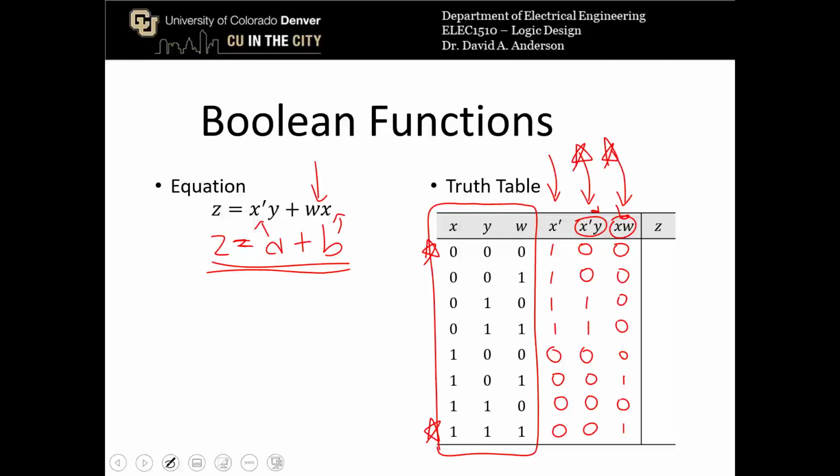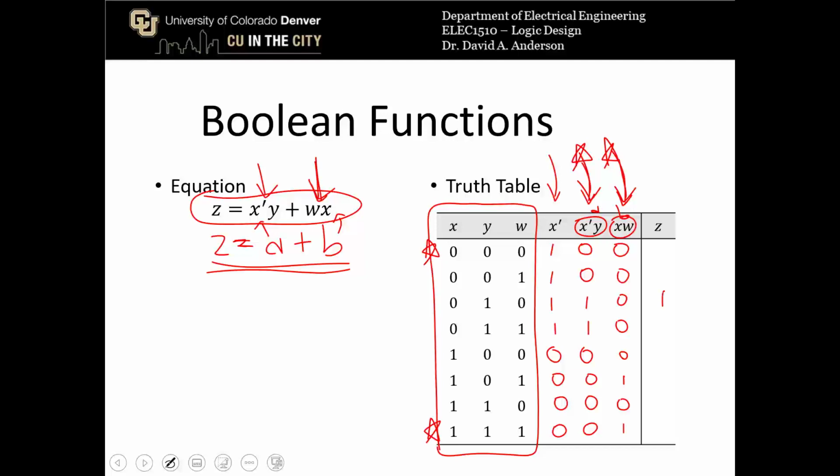Now z is equal to x prime y plus wx, in Boolean terms x prime y or wx, which means that z is going to be a 1 whenever either one of these, x prime y or wx, is a 1. So I can look at the truth table for these 2 columns here and just look for whenever either one of those is a 1.